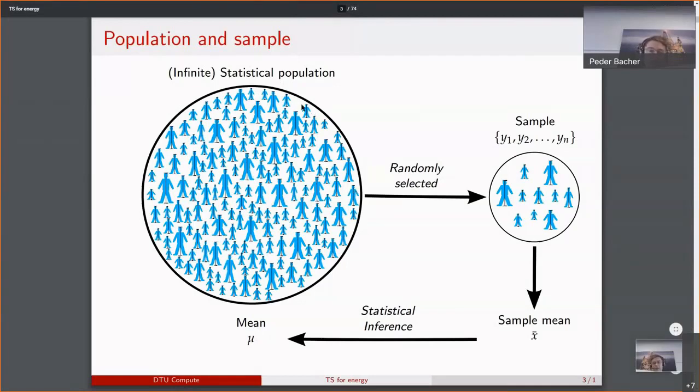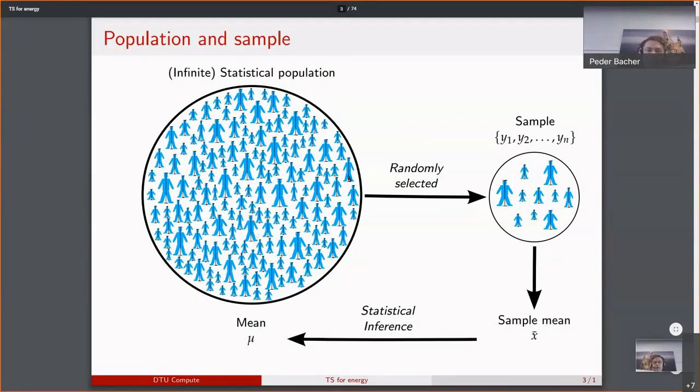So what we need to remember here, I think you can see my mouse, is the most simple, basic setting of doing statistics. We have a population and we want to find out something about it, such as the mean, the average, of this population. Here we see the height of humans.